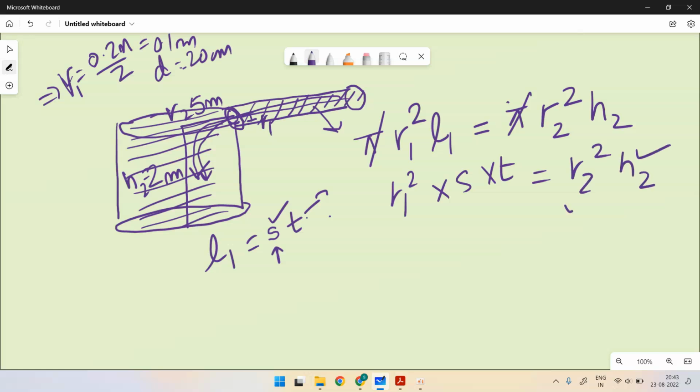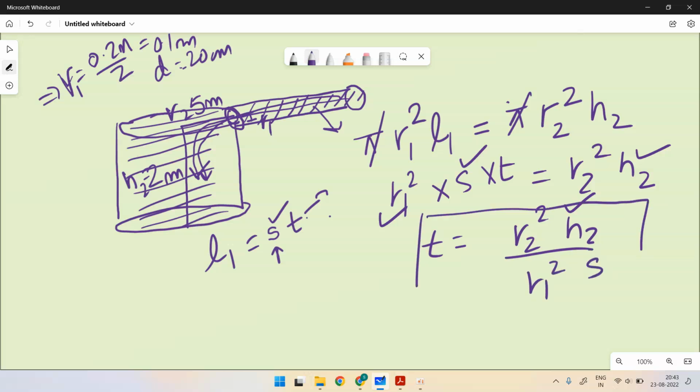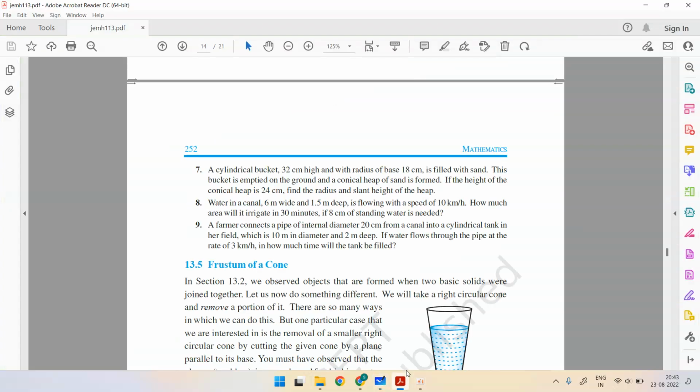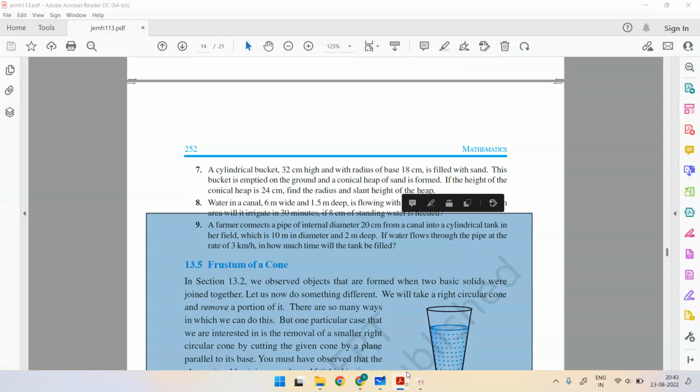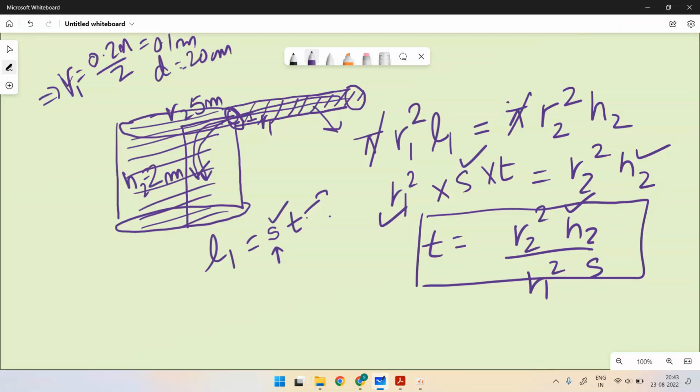R2 is given, H2 is given, S is given, speed of this, R1 is given, you need to find T, which is nothing but R2 square H2 by R1 square S. And see, S is in kilometer per hour. First you need to convert it into meter per second.